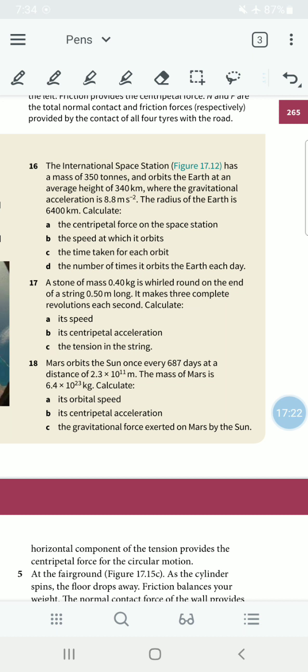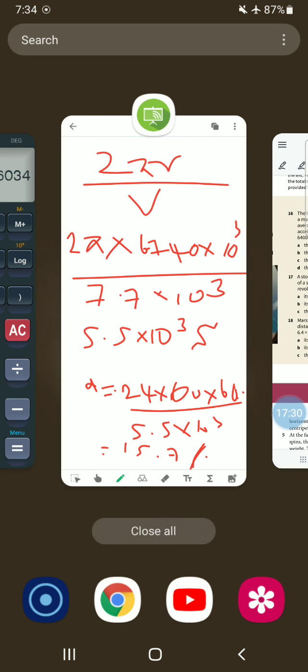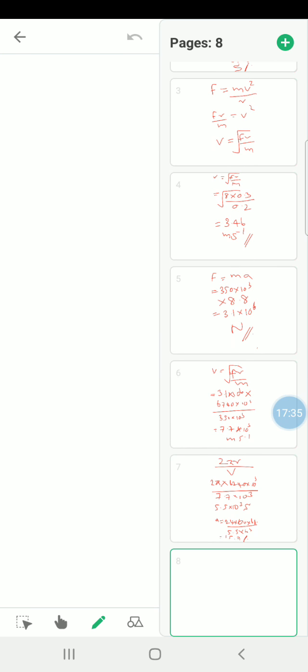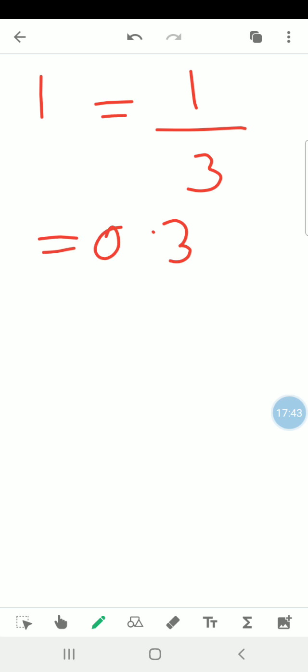Why? Because they have given that it does 3 circles each second. So one revolution is equal to 1 second divided by 3, which in decimal is 0.333. It would take 0.333 seconds.